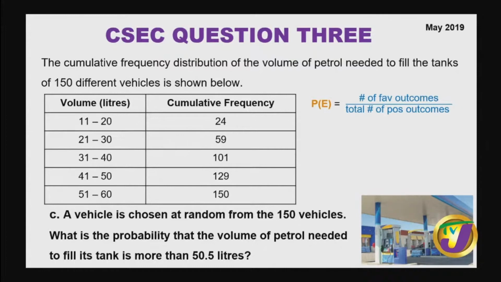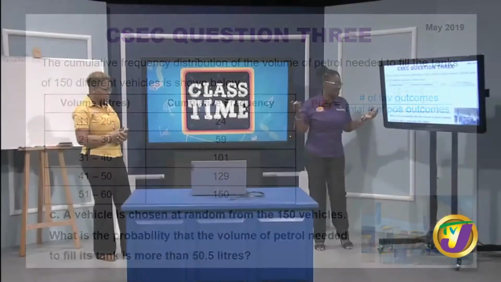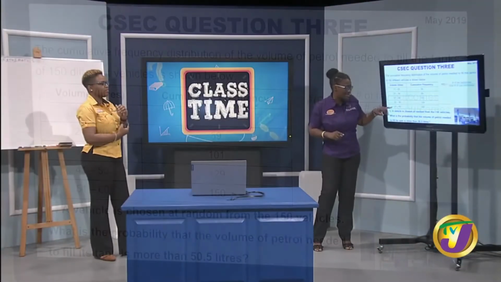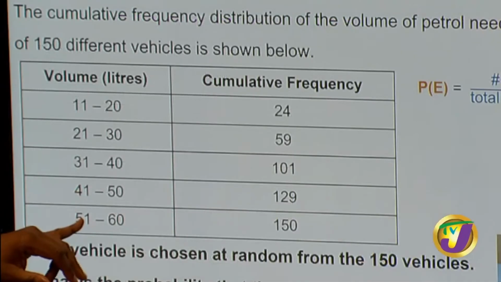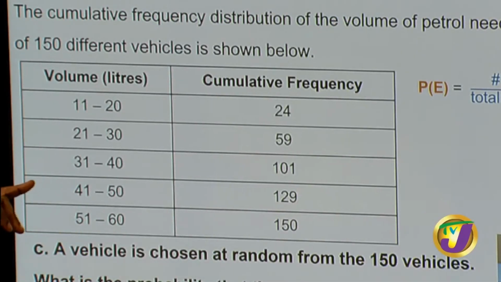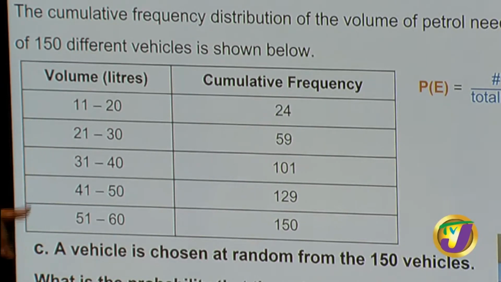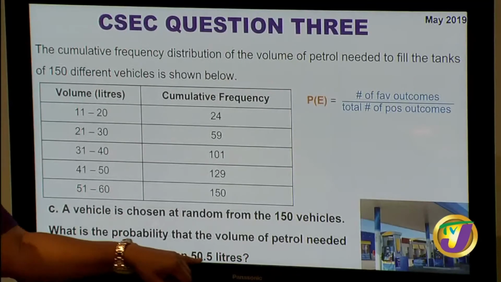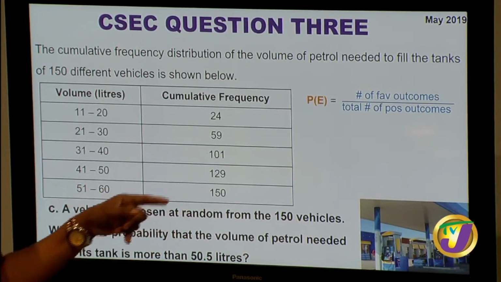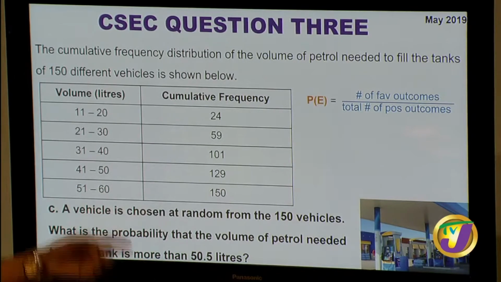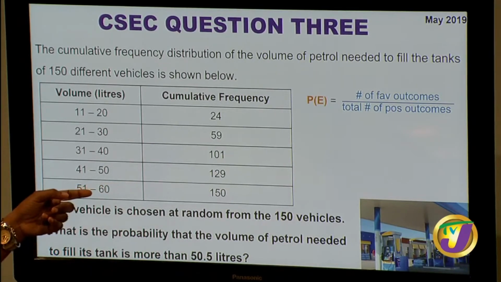And you reminded me about boundaries. Yes, so let's jump to that last class interval because that seems to be where we are. But let's double check. What's the lower boundary for this class interval? 50.5. Which means all the vehicles that required more than 50.5 liters of petrol would fall in this class interval.